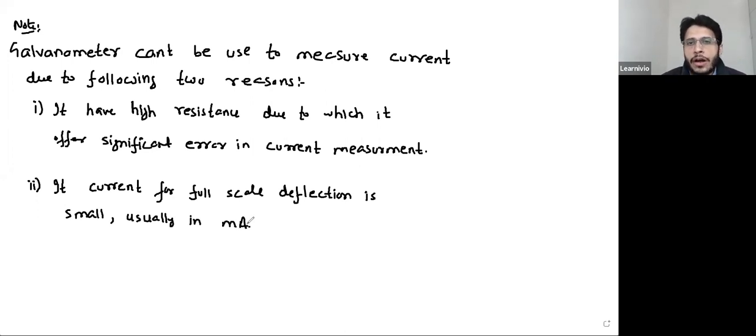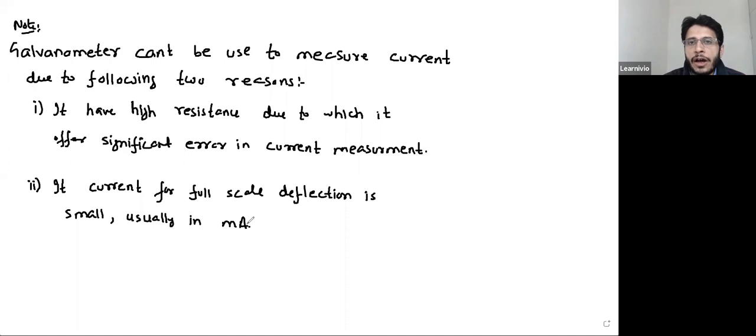If you try to pass more than a few milliamperes through a galvanometer, then it can burn. It cannot withstand current more than 1 or 2 milliampere. So these are the two major reasons why we don't prefer a galvanometer for measurement.